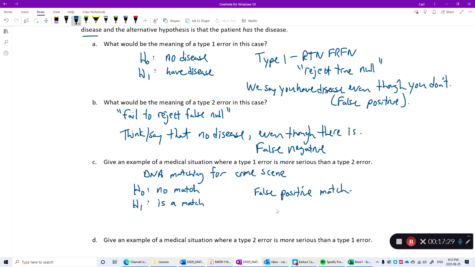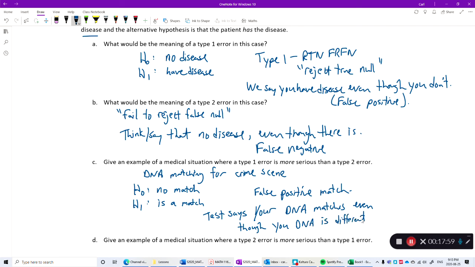It's saying that your DNA matches, even though it doesn't, even though you weren't there, even though your DNA is different.